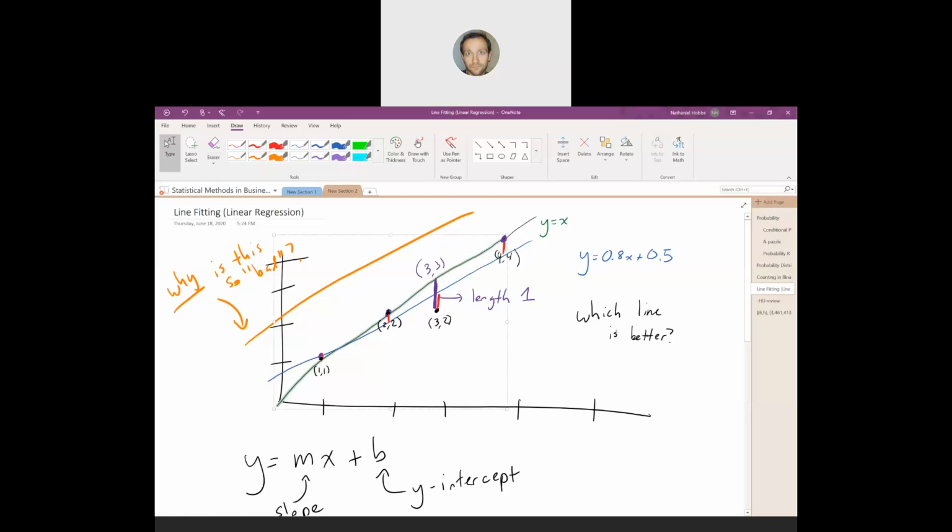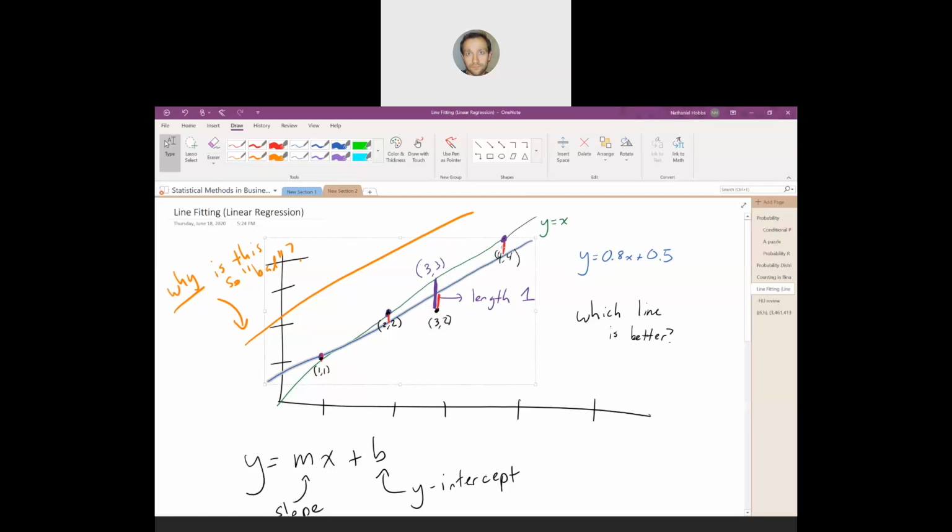So here I'm calling the error in the green line the summed distance between the line and any of the points. Because it passes through 3 out of the 4, in 3 out of the 4 cases that error is 0, which is good. But in this third point, it has an error of 1, which is bad. The question is, is this error of 1 greater than or less than the blue line's?